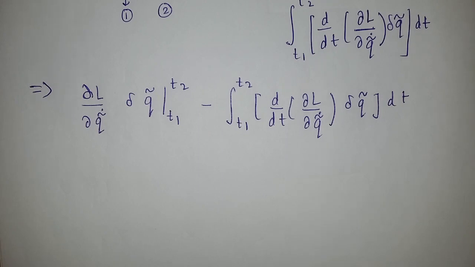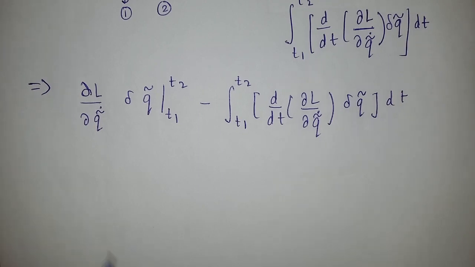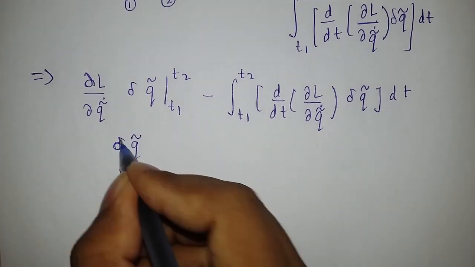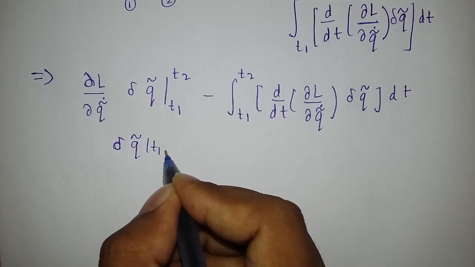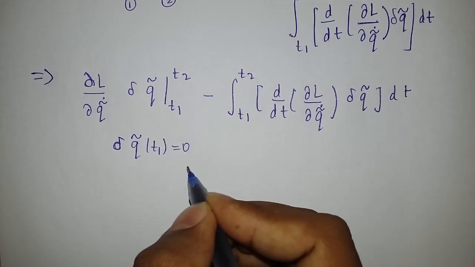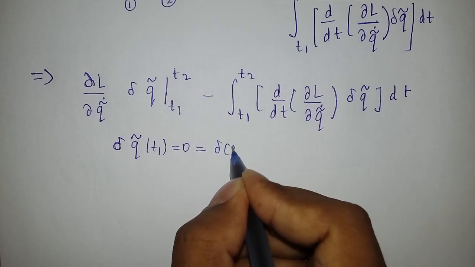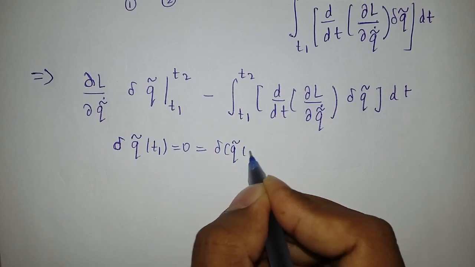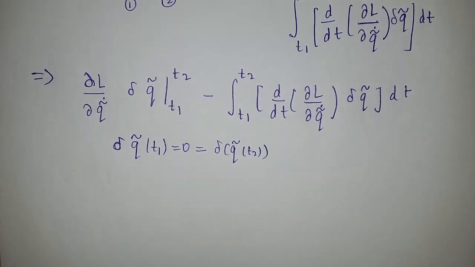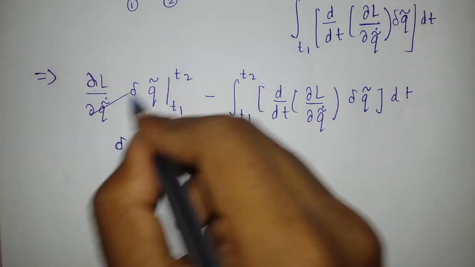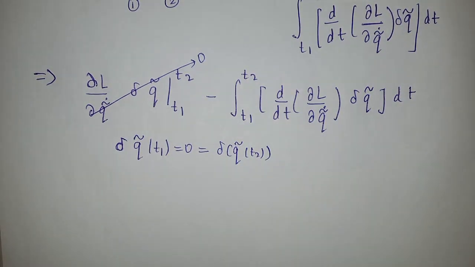Now since we had fixed the system at t1 and t2, the variation of q at t1 is 0, and the variation of q at t2 is also 0. So this term goes to 0.